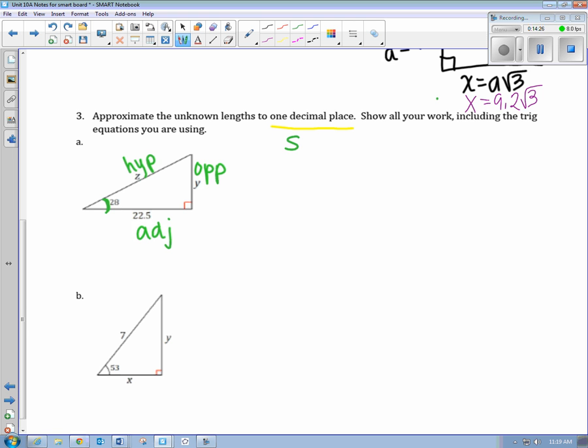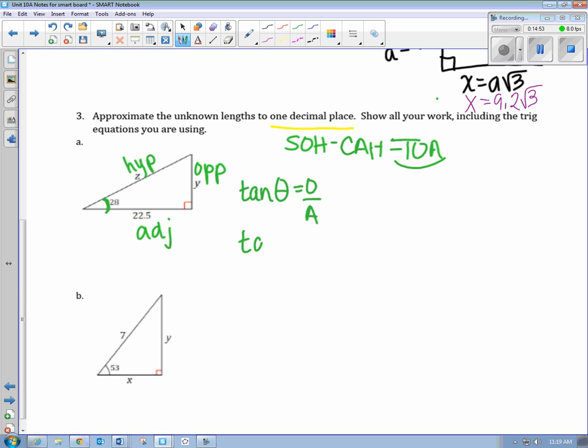So based on the SOHCAHTOA that we talked about previously, if I know that I'm going to be using the y and the 22.5, the opposite and the adjacent, that to me tells me that I'm going to be using tangent. So the tangent of theta equals opposite over adjacent. Remember, theta is the angle measure.